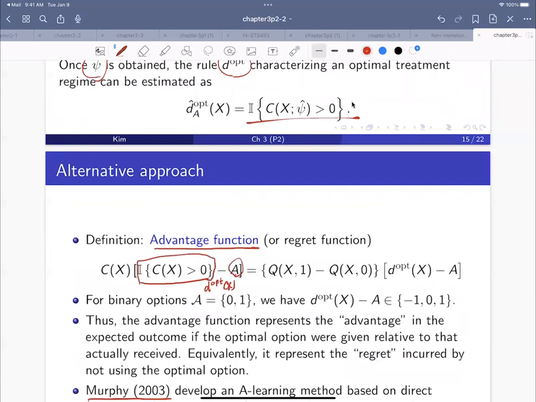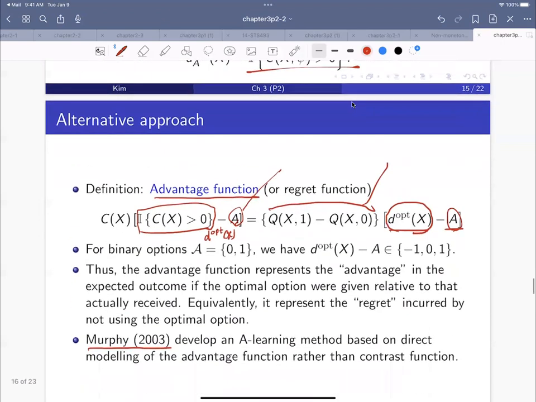And this is what? This is not optimal. This is just the given, realized one. So this is basically the difference between what you would get as the best option versus the realized option. It's basically a price tag, the difference of the price.